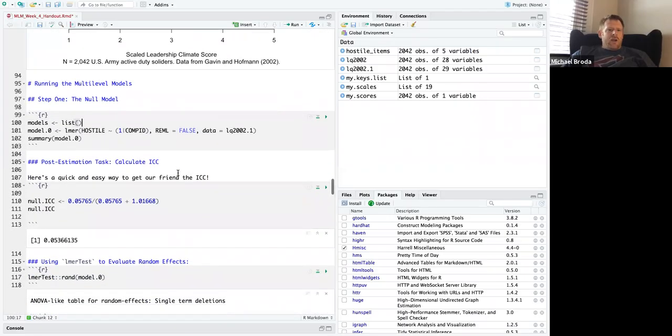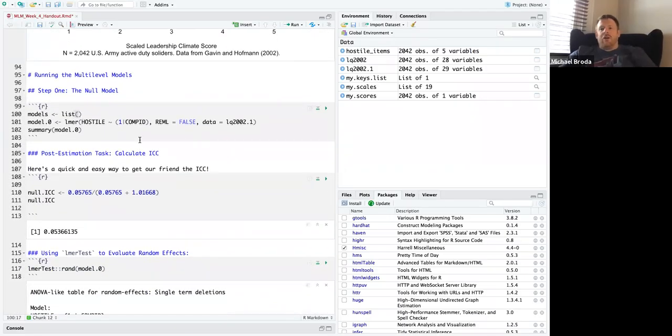So again, I'm working through this R Markdown file. Our go-to for multi-level modeling is the lme4 package, which is a very nice package for multi-level modeling. The first thing I've done here is I've created this empty list just called models, and I can come back to this later.